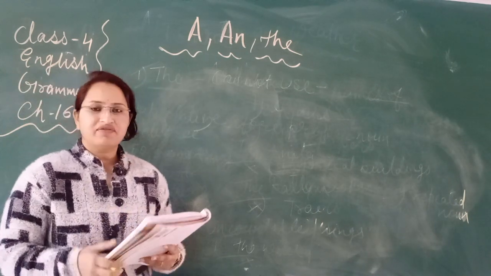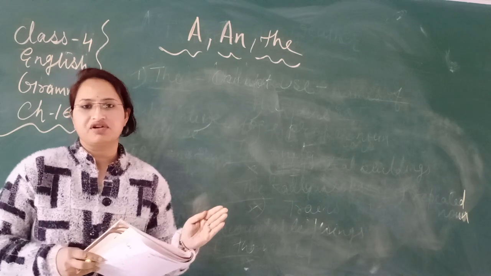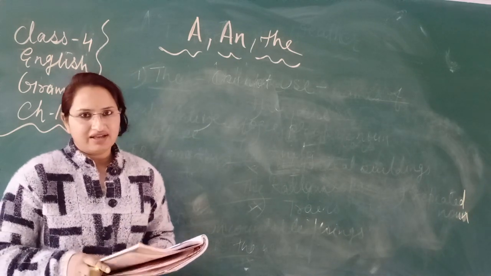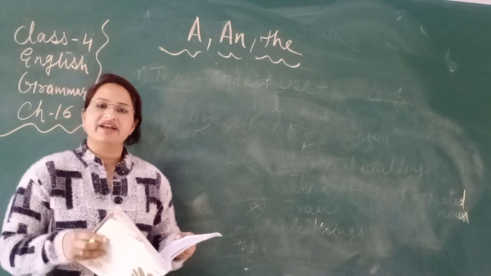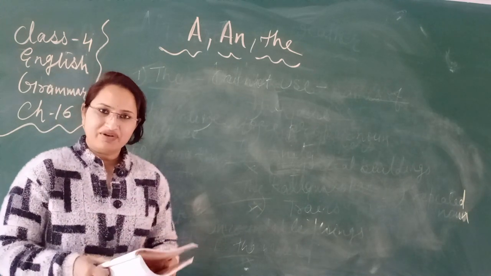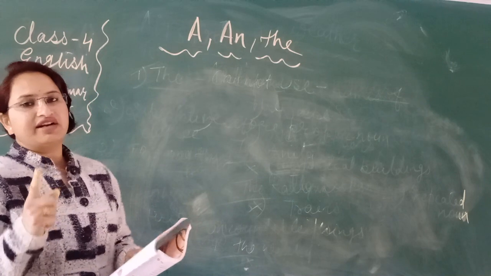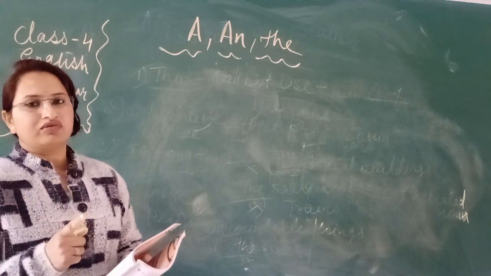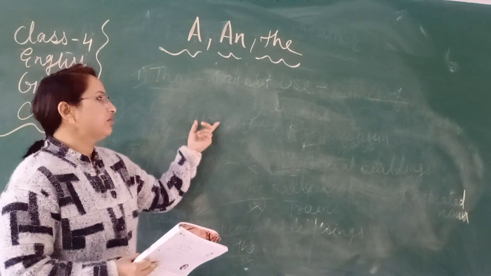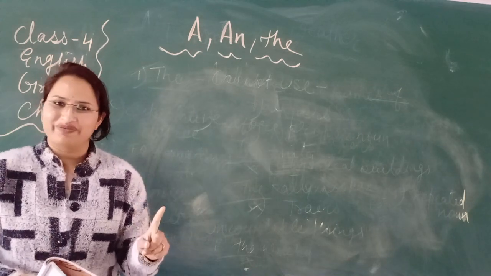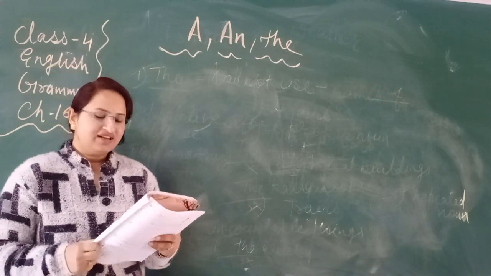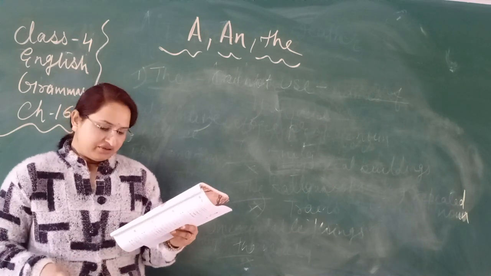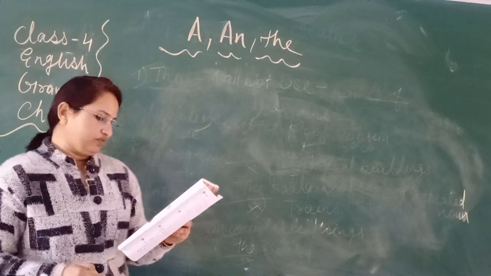For the words consonant and consonant sound word we use article a. For vowel and vowel sound word we use article an. Okay? And we cannot use article before uncountable noun. We have to use article only with the singular noun. So now move directly to the book exercise 42.